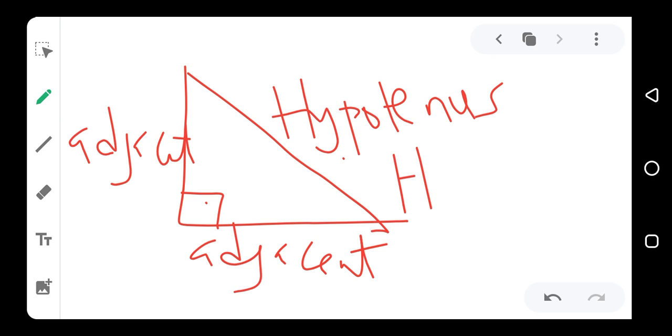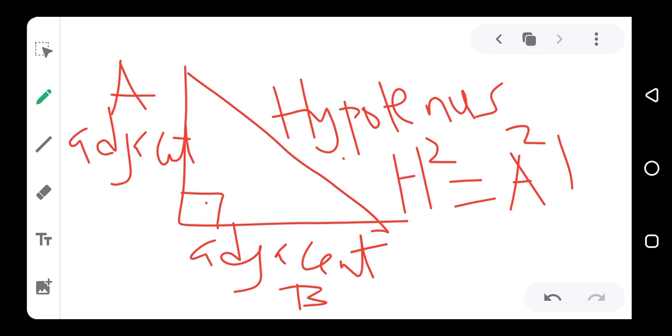Let's call the first side A and second side B. Now it means that h squared is equal to A squared plus B squared.